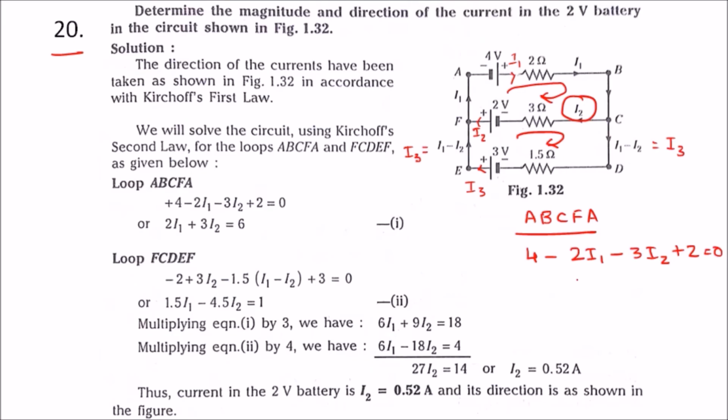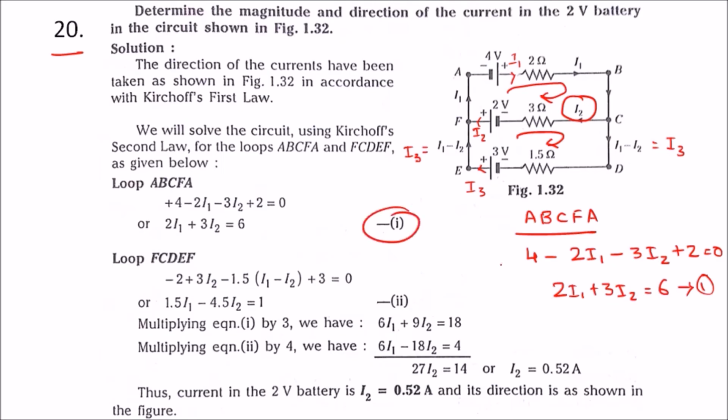When we further simplify this, we will get 2I1 plus 3I2 is equal to 6. So this is the first equation, as shown here.